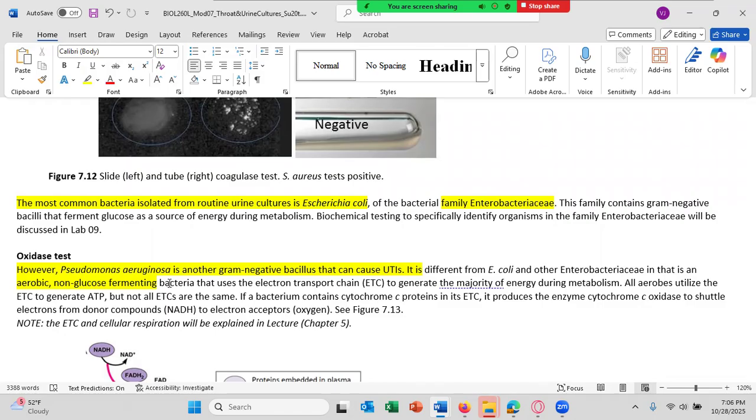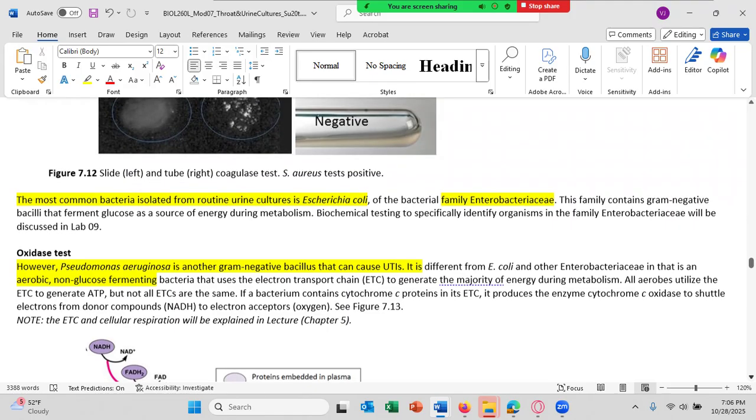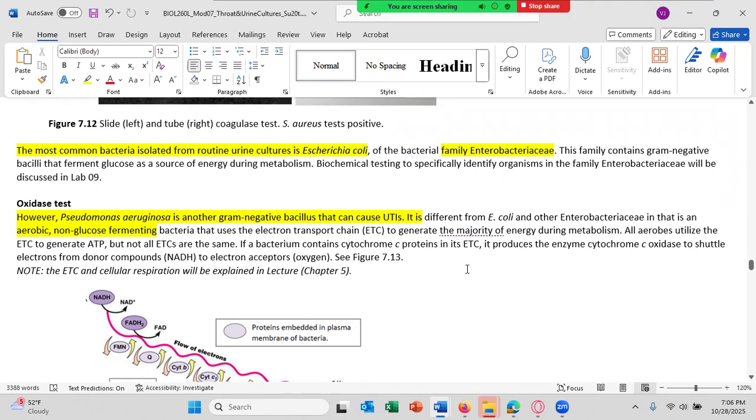We usually just do the oxidase test because it's simple and easy to run. You get the results, well, 30 seconds after you put the reagent and the cells together. So very quickly you get the results. But you could do the glucose test. You'd get that result in 18 to 24 hours.